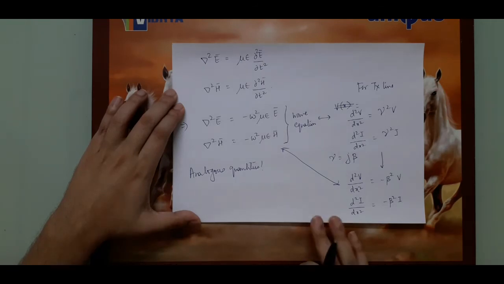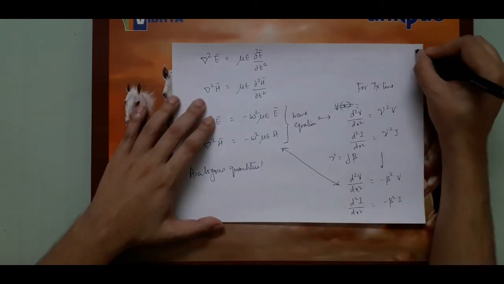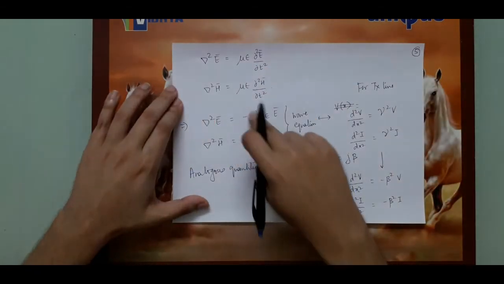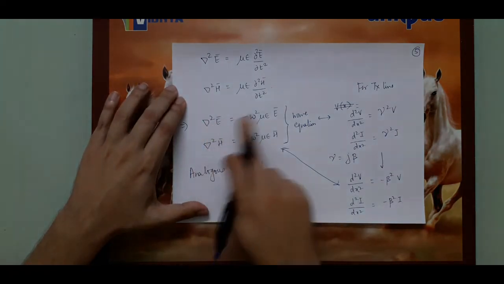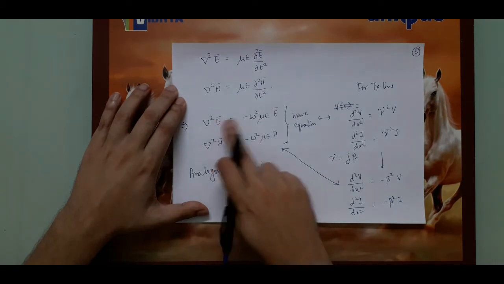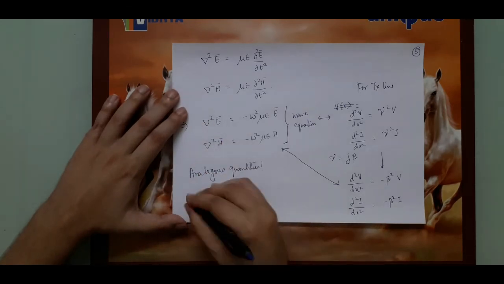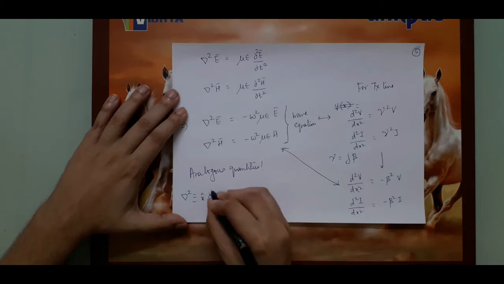So what you can see now, by looking at the wave equation, is that it is not just the whole electric field which has to satisfy this equation, but the individual x, y and z components also have to satisfy this. It is like saying the Laplacian operator we have defined as nothing but this.